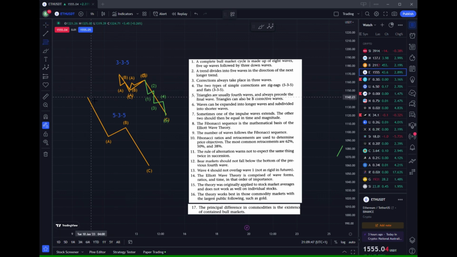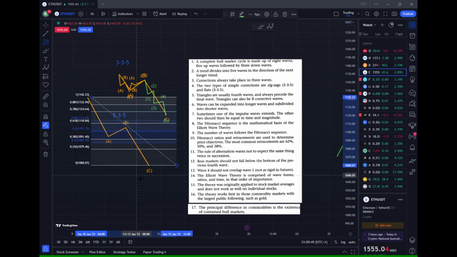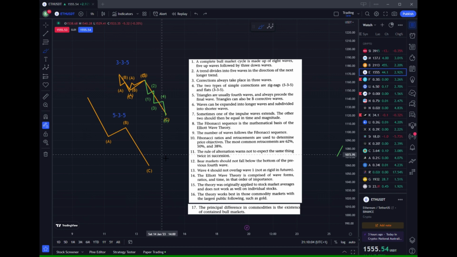For example, if we take this one and we take from the top to the bottom, we should expect the price to reach somewhere in this range. You can say it could even change to support as well, but ideally you would want to have it somewhere in there.